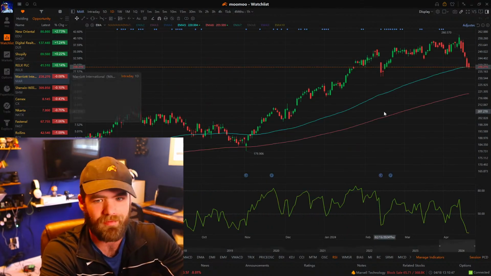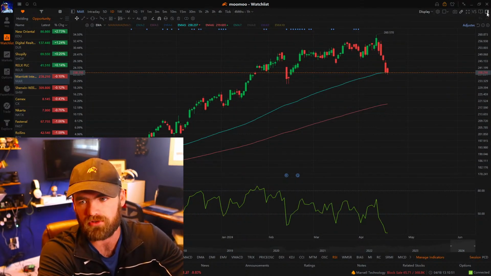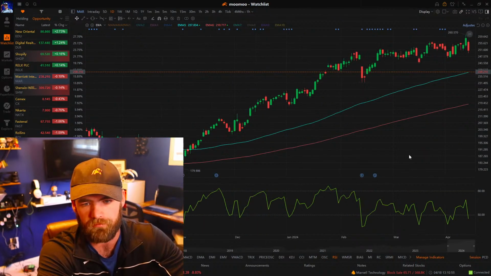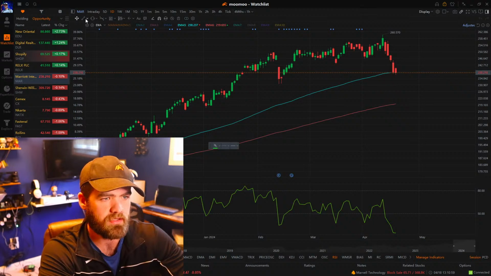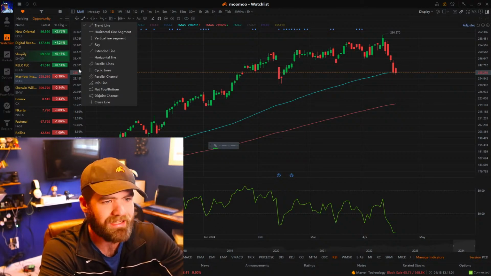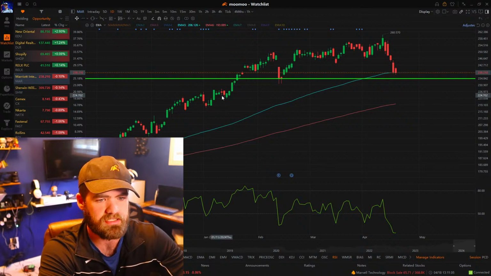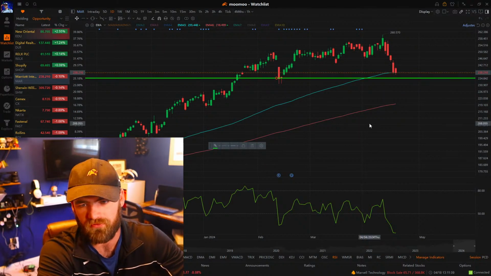Next one here is MAR coming in contact with the 90-day moving average line. As of today, we did get a little sell-off in the general market, but one thing here is we do see a lot of tendencies of the 90-day moving average line as support, as well as some price support near and around the 235 area.